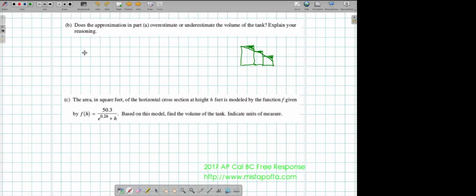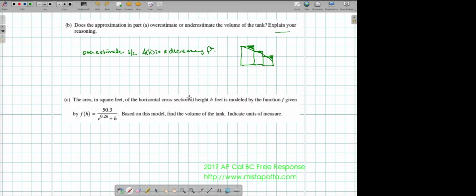So we can say that our estimate is an overestimate, and our reasoning is because our function A of h is a decreasing function.